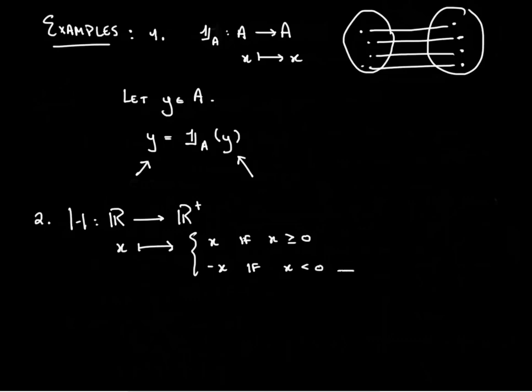So this condition right here ensures us that we're always going to have a positive number. So if we have negative 4, it's going to be sent to minus 4, which is 4. And this gives us our lovely V function like this.